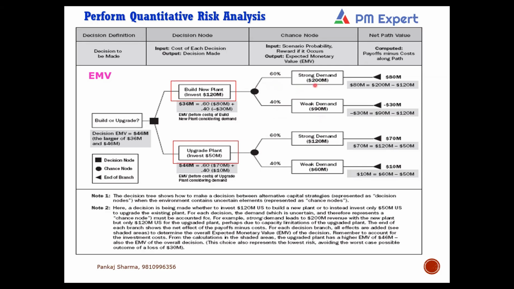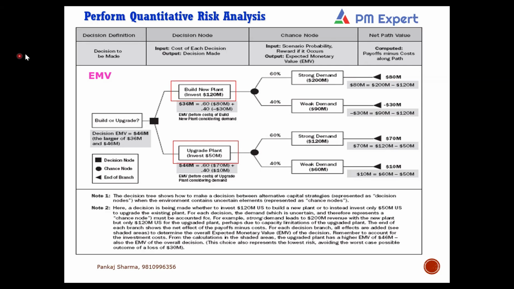So if there's a strong demand which has a 60% probability, I'll make 200. This means what is my profit? 80 million, right? Now tell me, Rafael, is this 80 million 100% guaranteed or only 60% guaranteed? 60%.